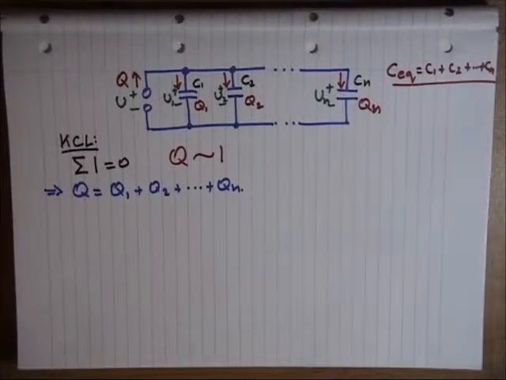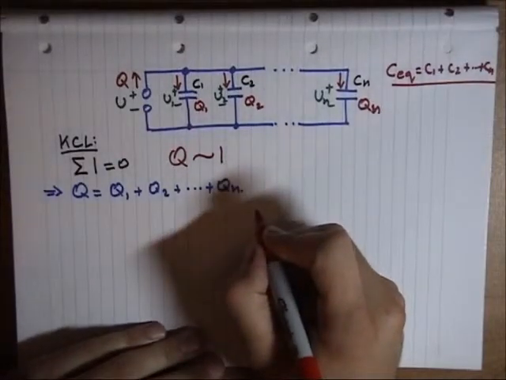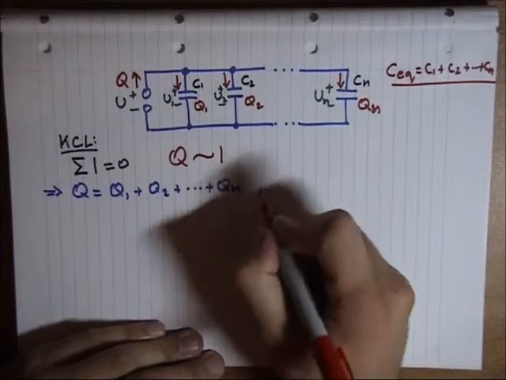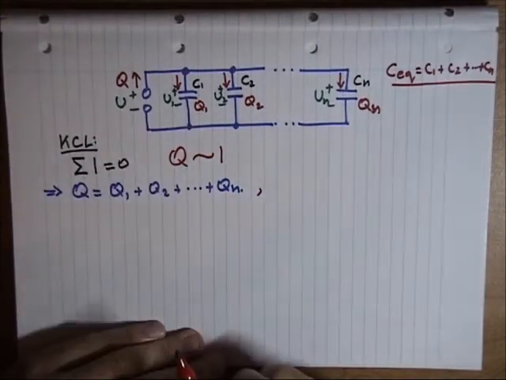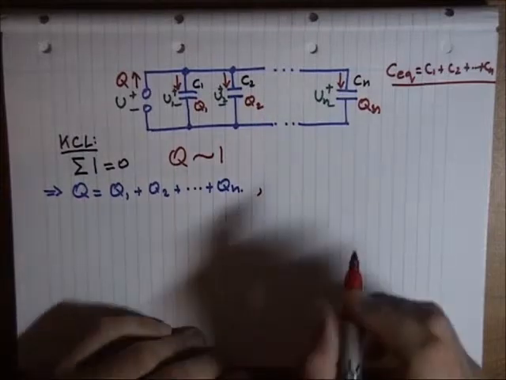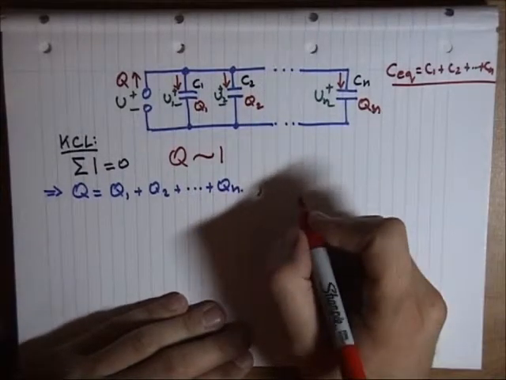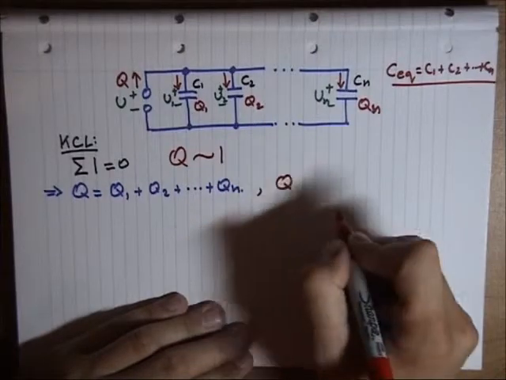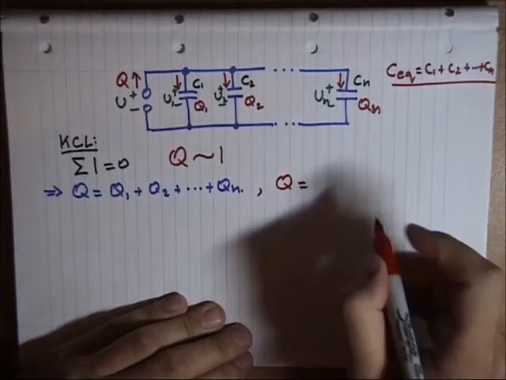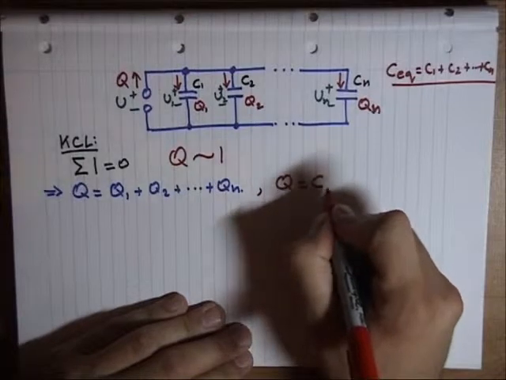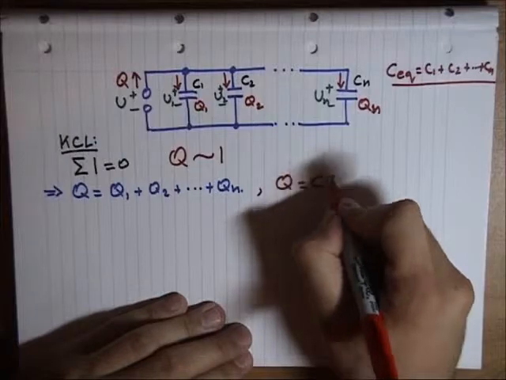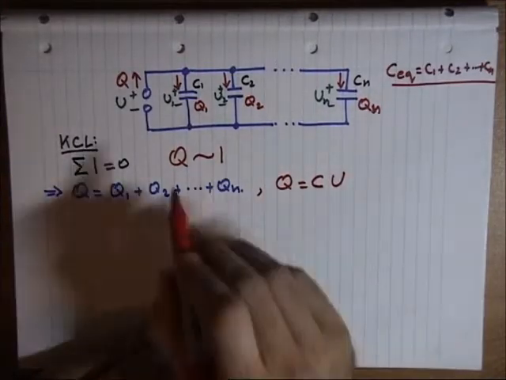Now for capacitors, we have a different relationship between capacitance, voltage and charge, which is this one. We have that Q is equal to the capacitance times the voltage of the capacitor.